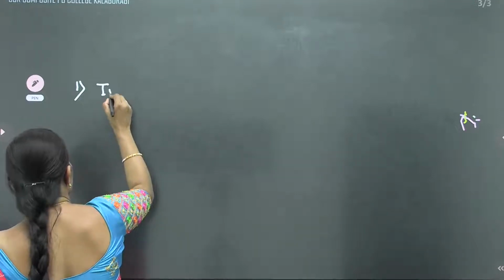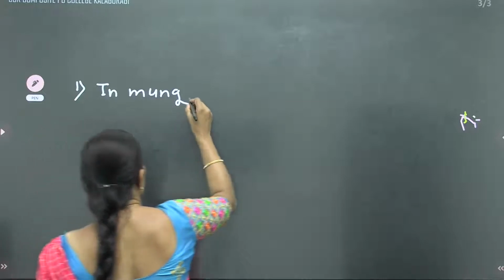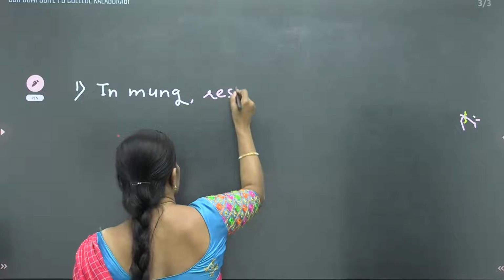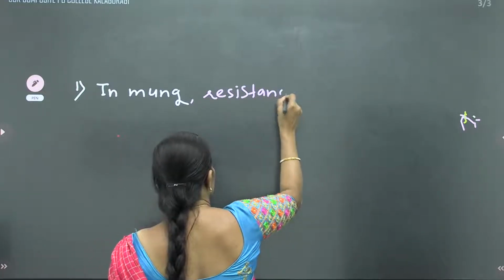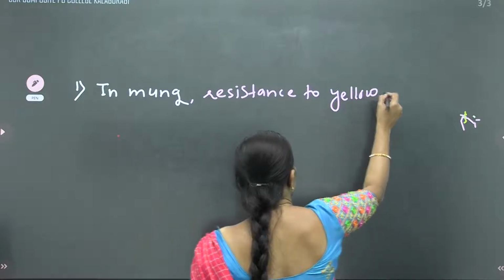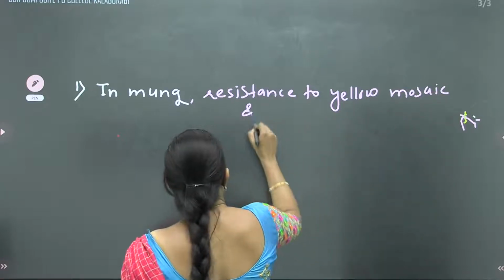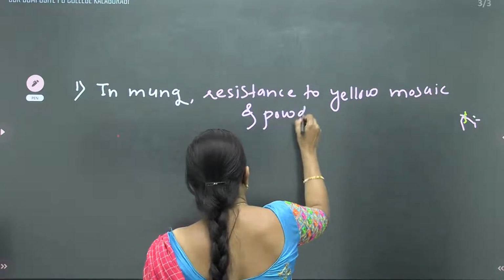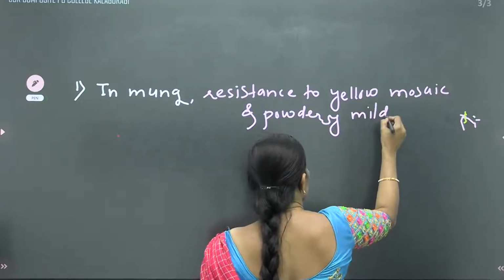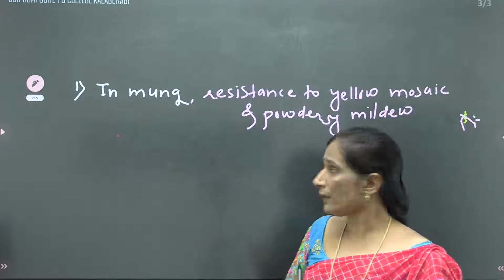In moong, resistance to yellow mosaic. It's a very important example for mutation breeding.